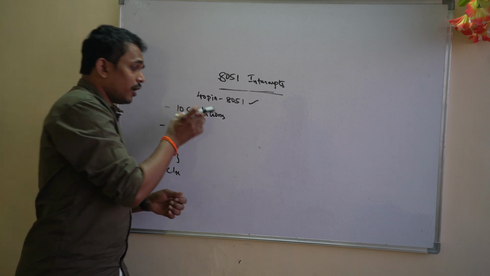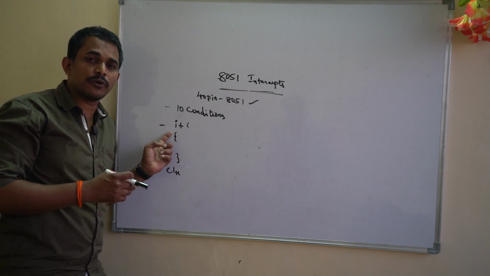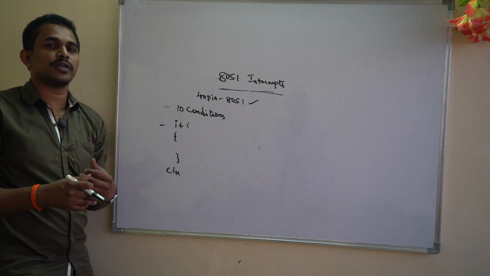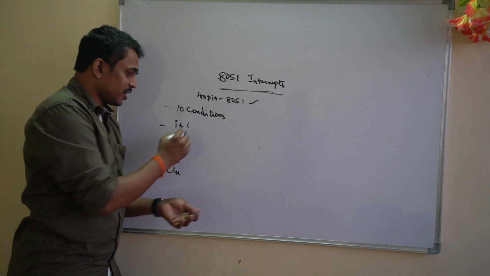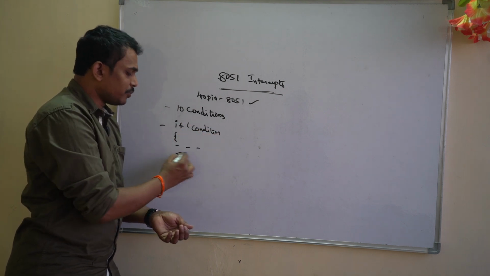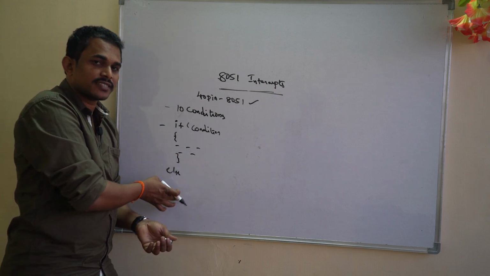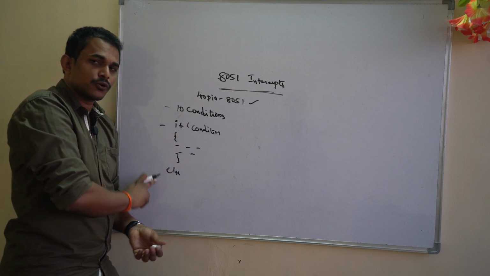Now suppose the first condition is true in your application, and at the same time the ninth condition is also true. The compiler has to finish the first condition, and only then can it go for the ninth.